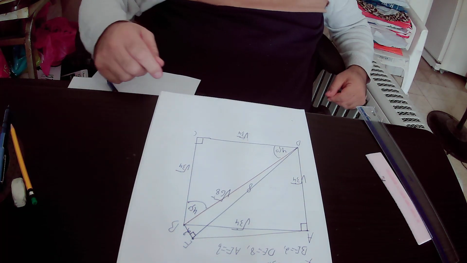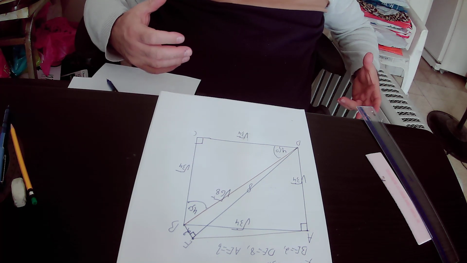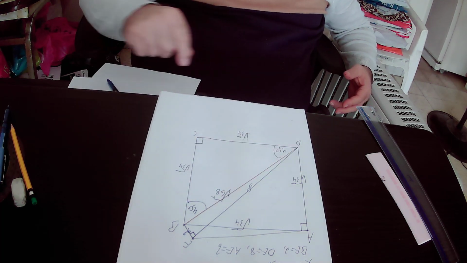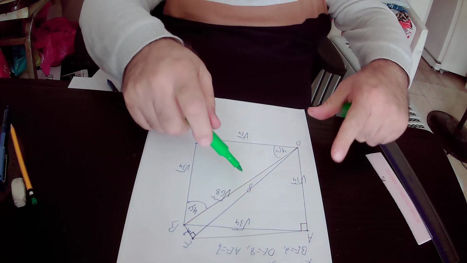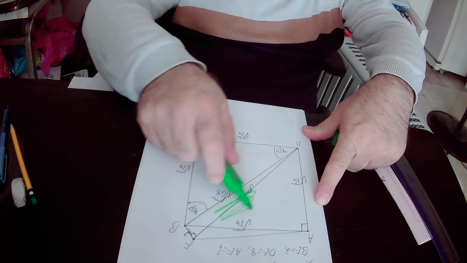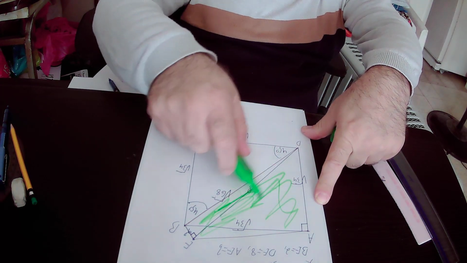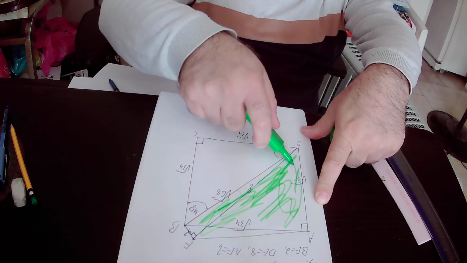Therefore, according to rule number 2, quadrilateral AEBD, the quadrilateral in the green color, is inscribed by a circle.